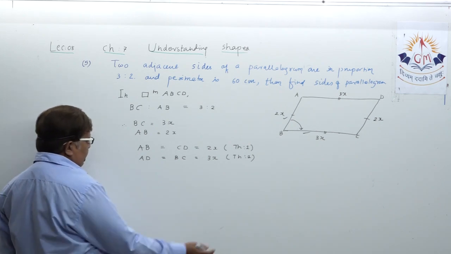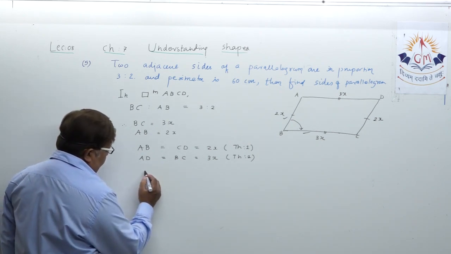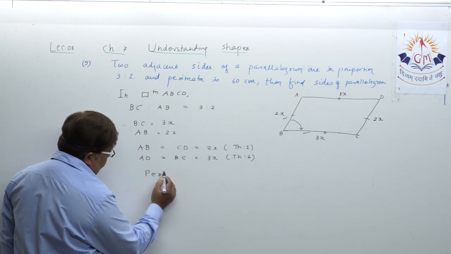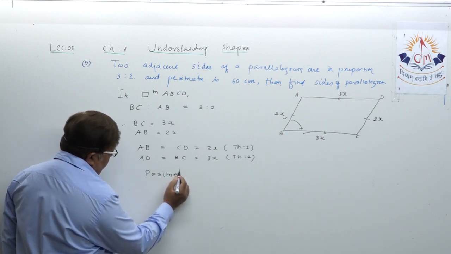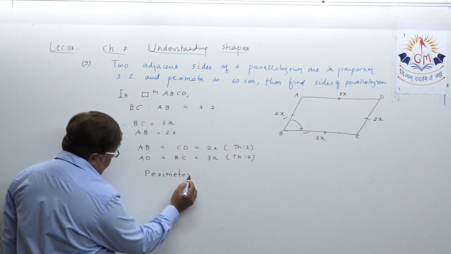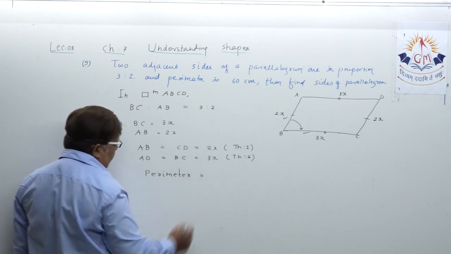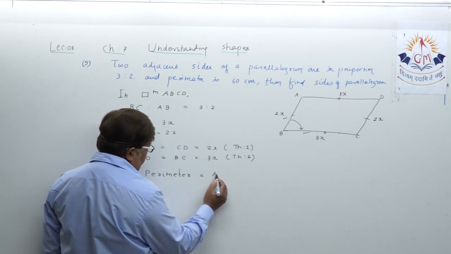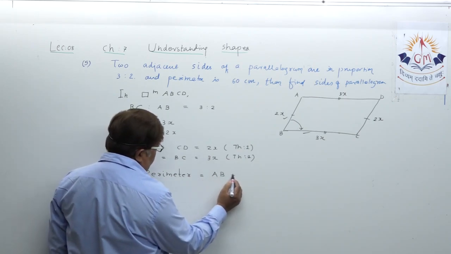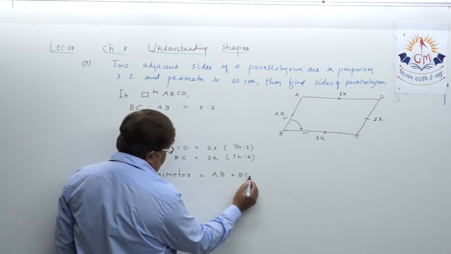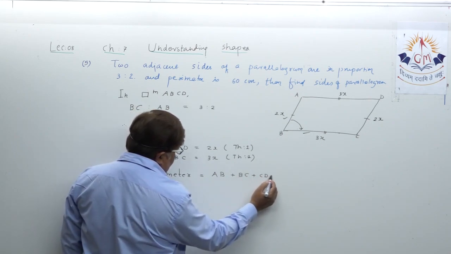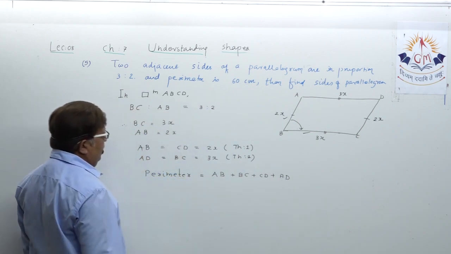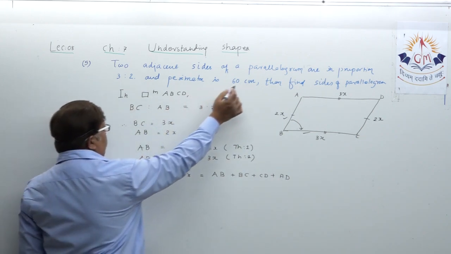Now you will write this way, dear student. Perimeter, just write down. Perimeter equals to AB plus BC plus CD plus AD. What is perimeter given?